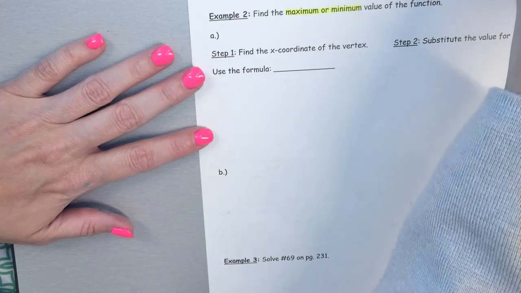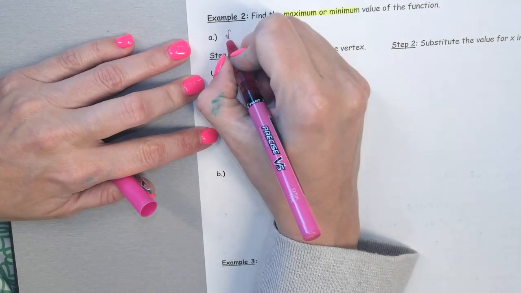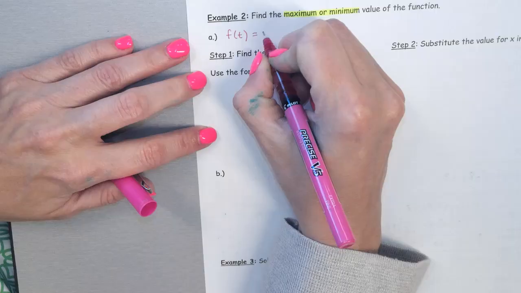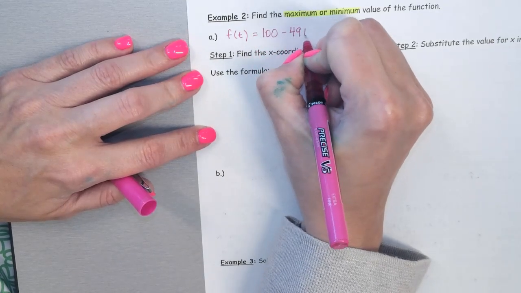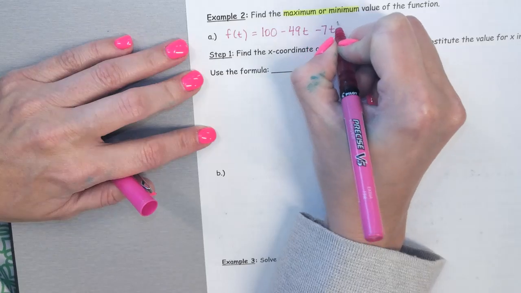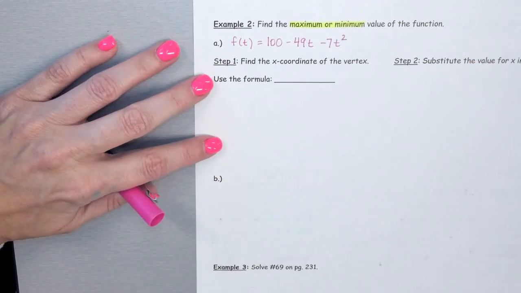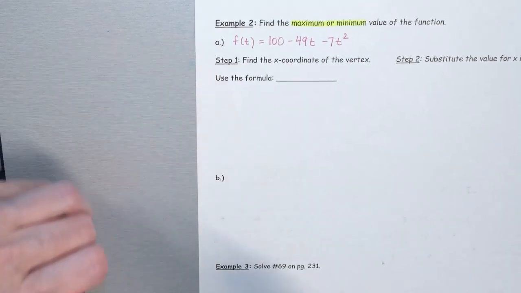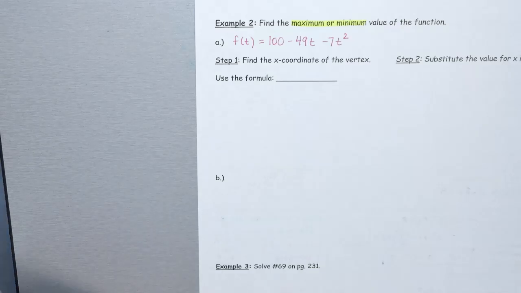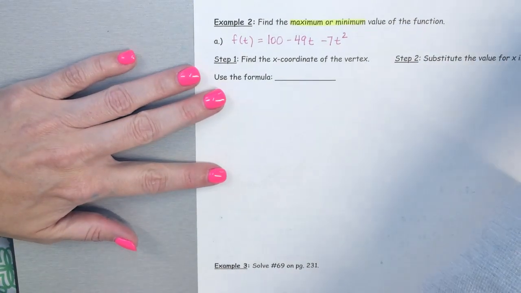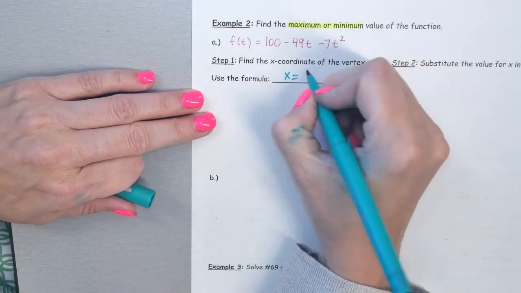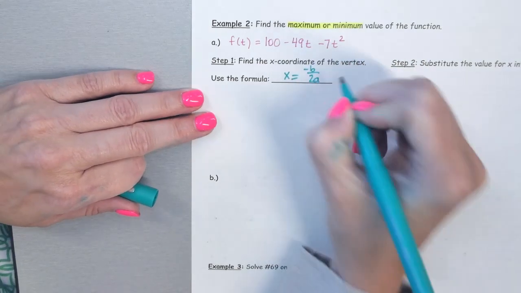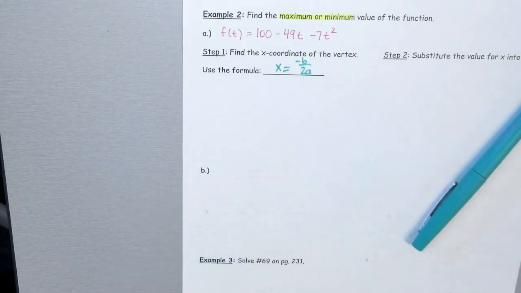So we have f of t is equal to 100 minus 49t minus 7t squared. And then we're going to find the x-coordinate of the vertex. See if you can remember what the b and the a are in that case.